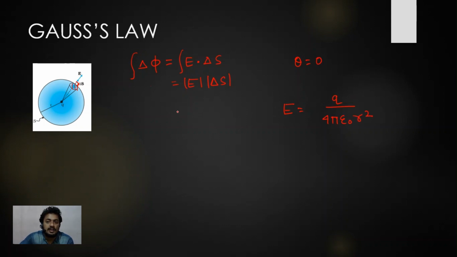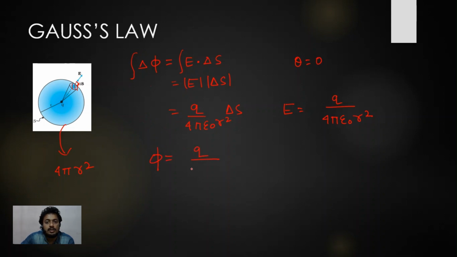So you put it here, it will become Q over 4 pi epsilon r square times delta S. And the surface area of any sphere is 4 pi r square. So now for total flux, you integrate it, it means you put the whole area.